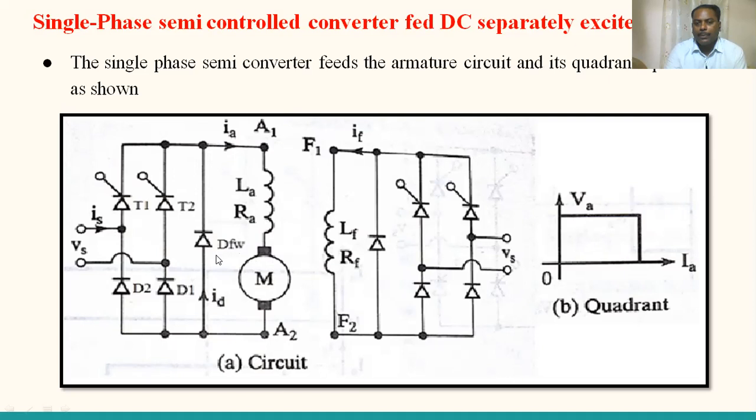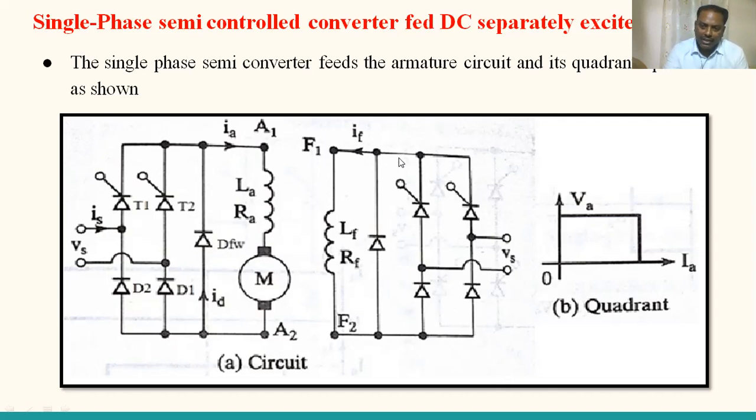So for a separately excited motor, the field is also supplied with a controlled converter. Why? Because if the field is directly given to the supply, what will happen? A fixed field current will be available and only one flux is possible for us. So one flux will give only one speed in the field control.